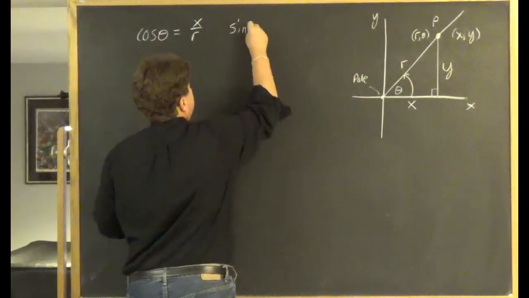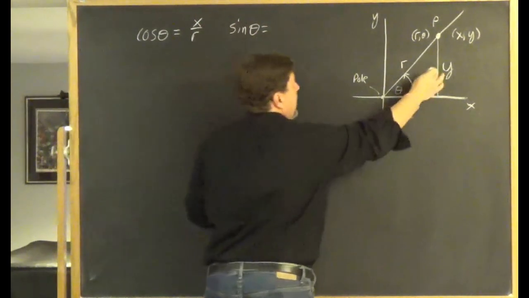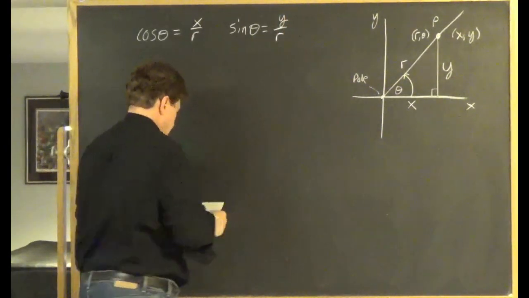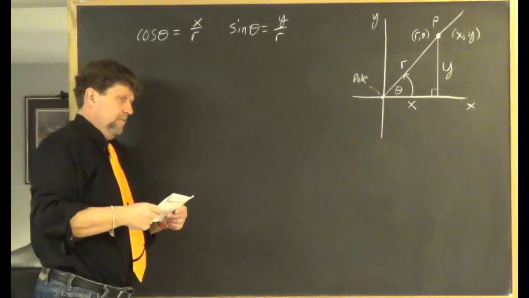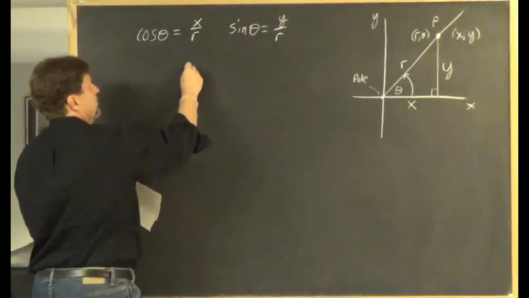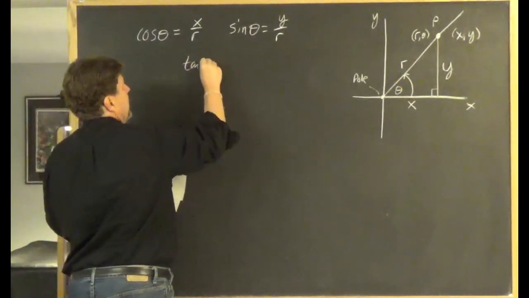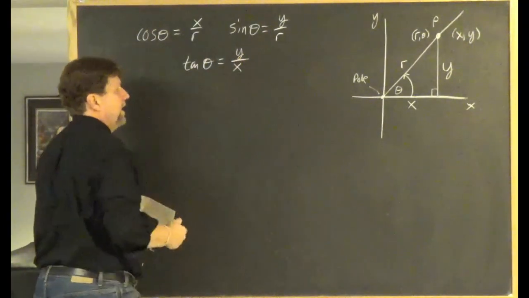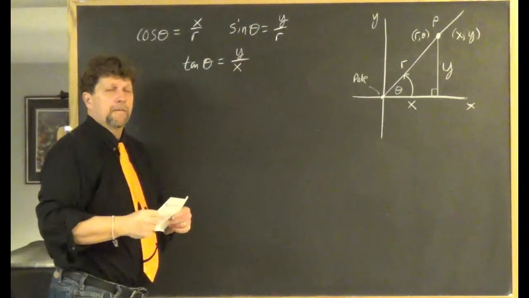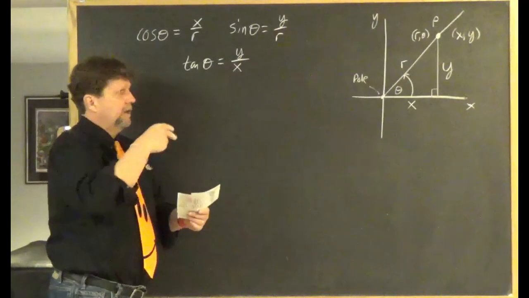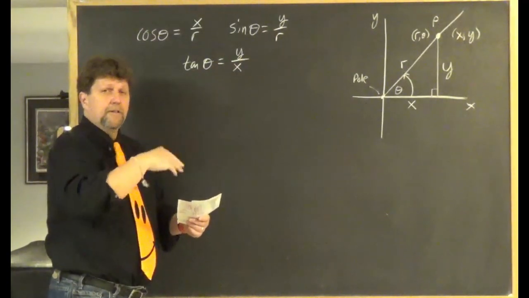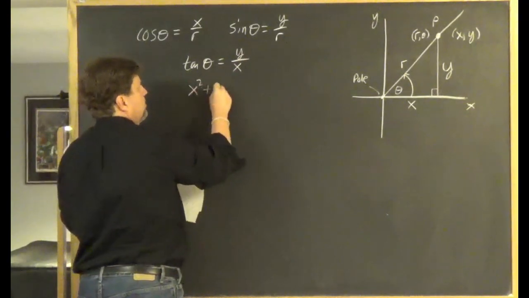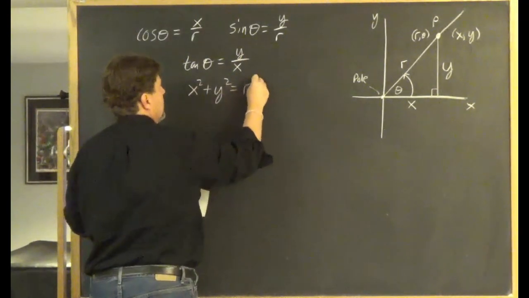We know sine theta is opposite over hypotenuse. We also know tangent theta is opposite over adjacent. Heck, we even know x, y, and r are related to each other via the Pythagorean theorem: x squared plus y squared equals r squared.